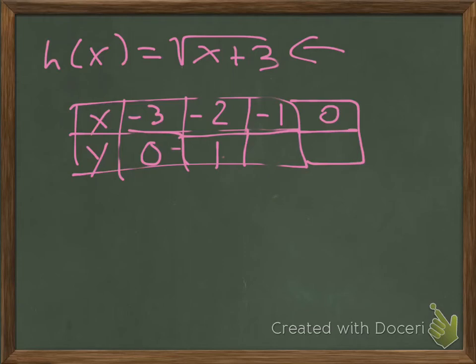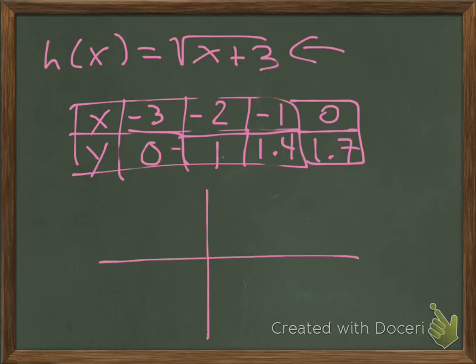So that's going to go here. So this is 1.4. And then 0 plus 3 is 3. The square root of 3 is going to be about 1.7. So that would be a little bit different than the rest of these, because we can start below x is 0, because the translation is underneath the square root symbol.